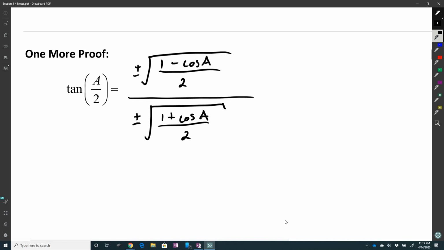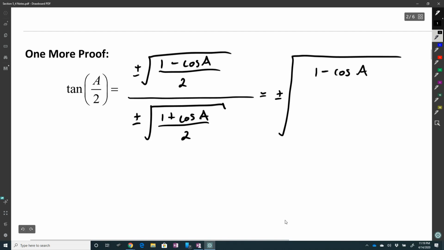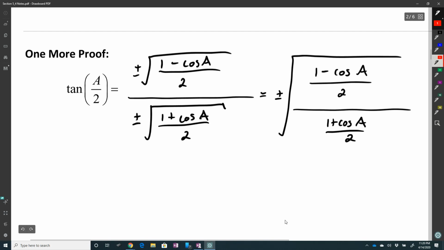Now, whenever you're dealing with multiplication and division, we can combine this into one larger square root. And from here, notice if I multiply by 2 over 2, that's legal, and it cancels those 2's out.